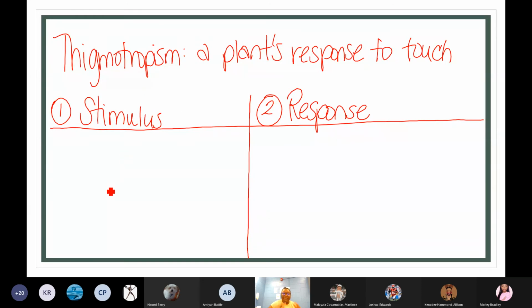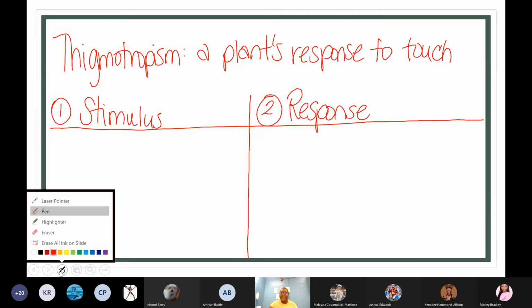we'll notice that, and this is probably the most unique one, I think. Have you ever seen a plant's vines grow in and out of a gate? What if I were to tell you it's because that plant is trying to get away from that gate? Okay, it's trying to move away from it.